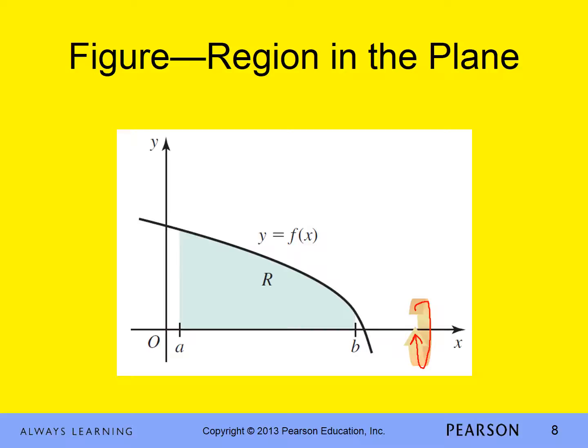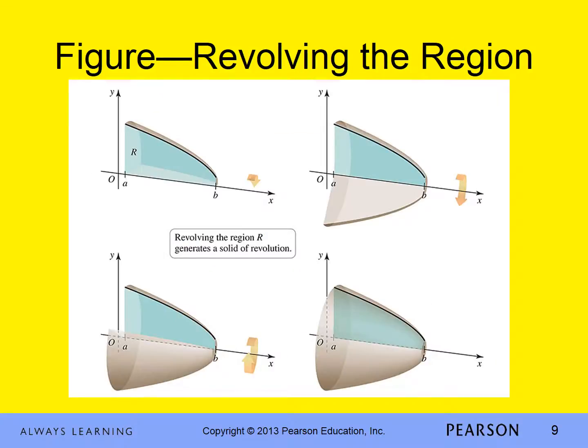The entire region will sweep out a region in 3 space. Okay, so we see the sweeping happening, and then a solid of revolution is generated.